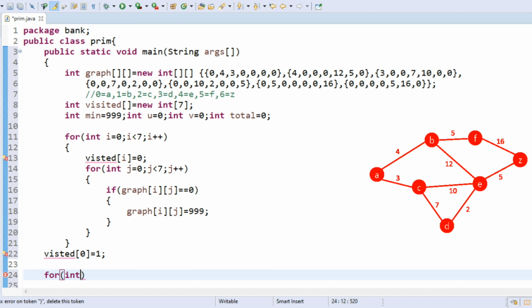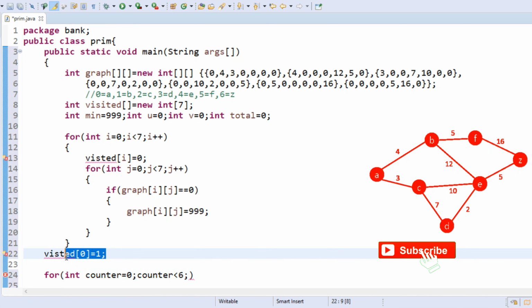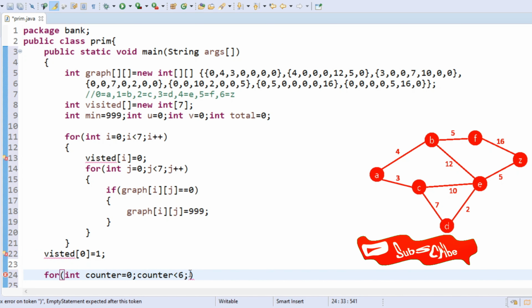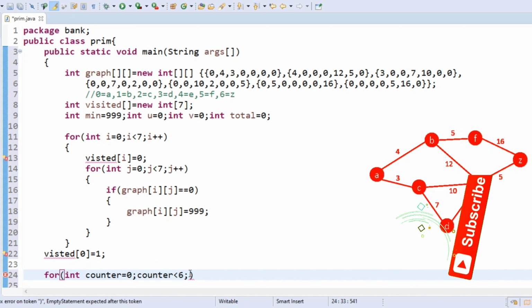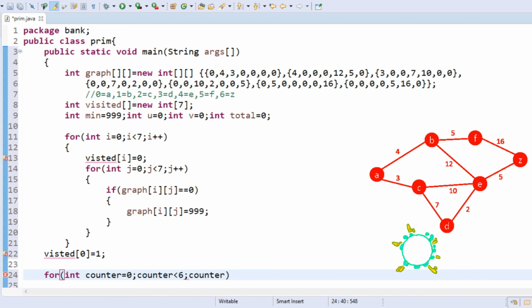For counting I am taking a counter: int counter equals 0, counter must be less than 6. You may have a doubt why I took 6 in place of 7, because I already included one vertex, so I discarded it and took the 6 remaining vertices. And counter plus plus.